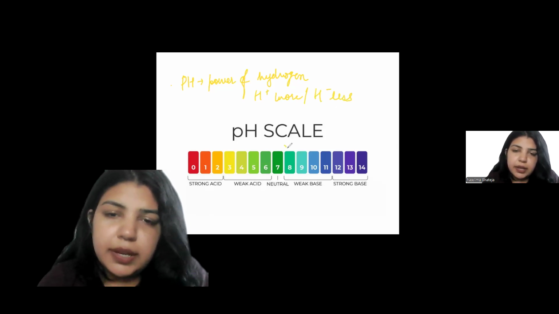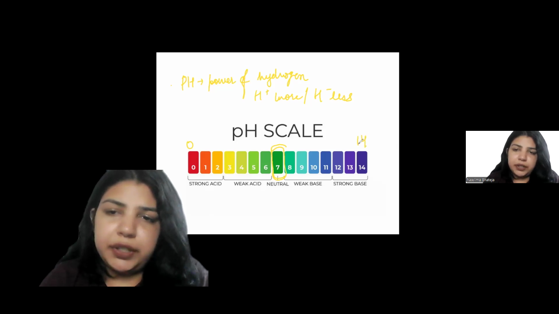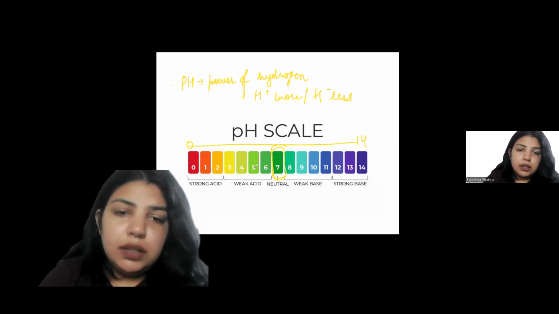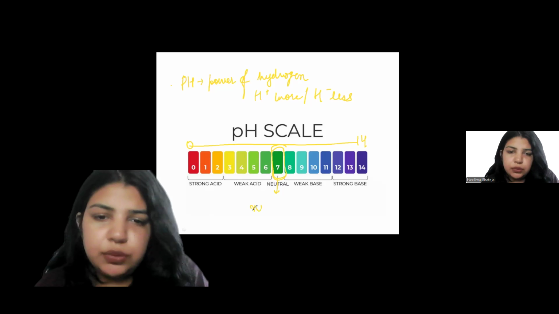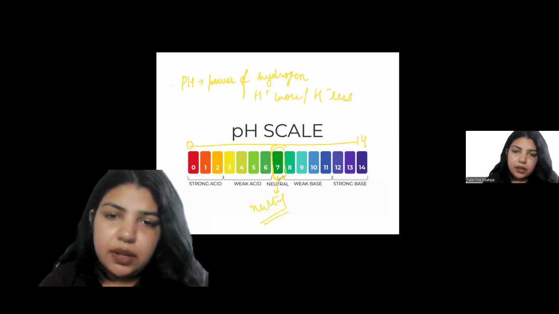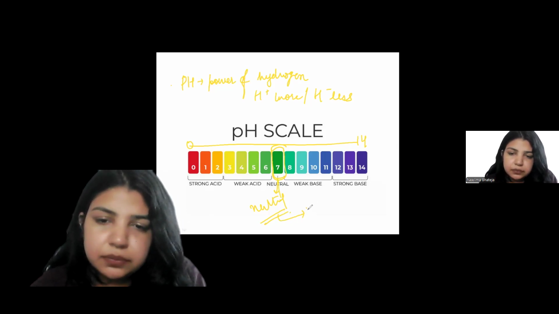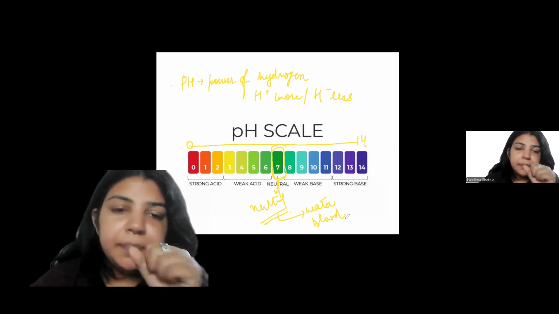So this scale ranges from 0 to 14. This 7 is neutral, as you can see. Any examples for the neutral? Yes, water. Nearly blood can also be neutral.